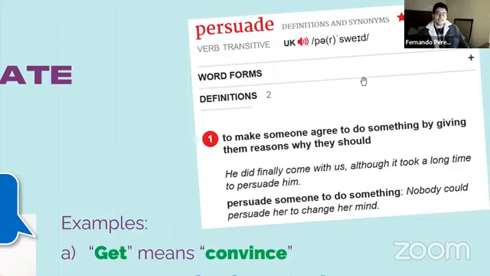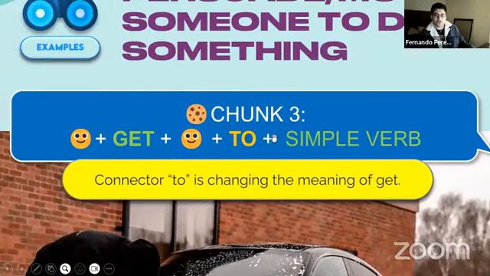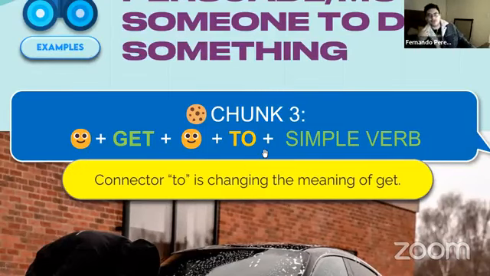In the dictionary, you can see that we have the connector to. This is precisely like Elsie's question, no? When is it necessary to use to, when not? Only when the dictionary tells you to do it, you have to do it. The interesting part here is that when you use the verb get plus the connector to, it's very different from the previous formulas.